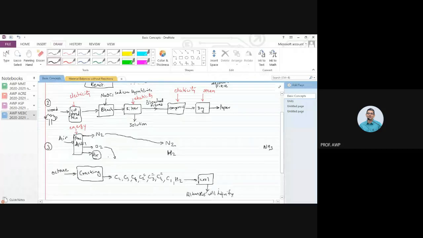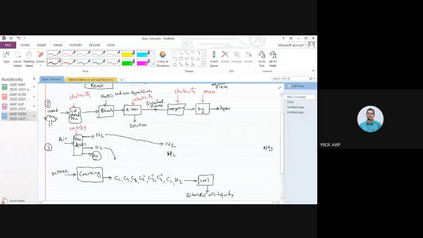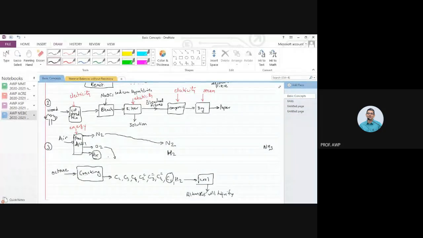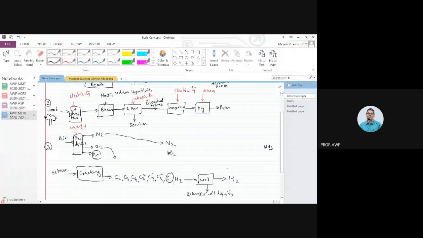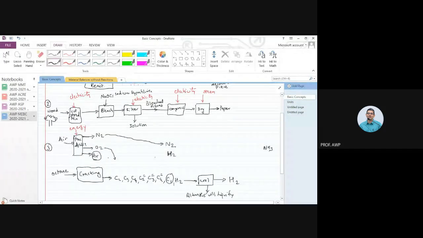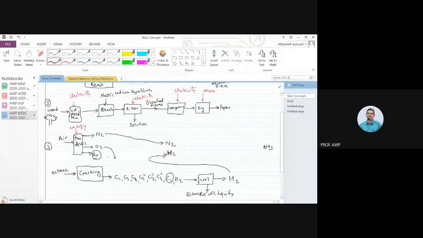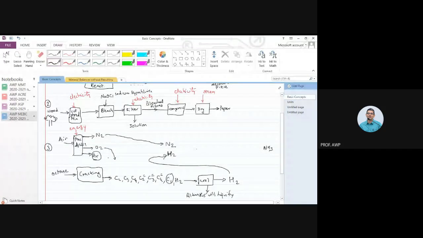Okay, alkanes will liquefy. Methane doesn't liquefy so nicely, but assume that methane also liquefies, then you get hydrogen. That's what you are using here. Is that what you're saying? Yes, sir. All right.